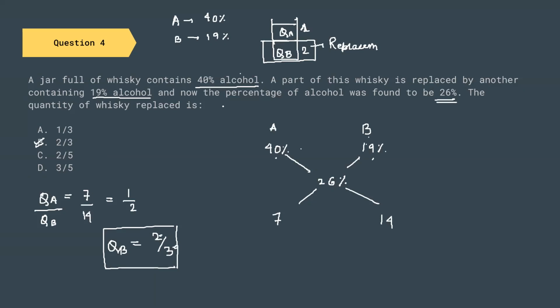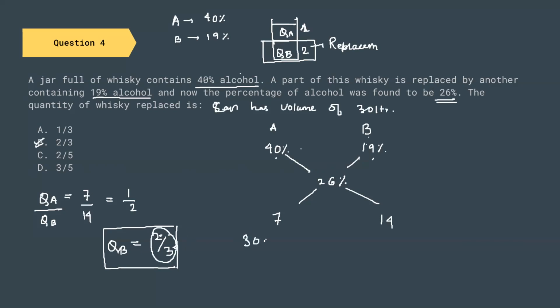Now they might add something in the question. They might add that, suppose the can has a volume of 30 liter. Then you have to tell how much quantity B was replaced. So you know that quantity B is 2/3 of the total quantity.